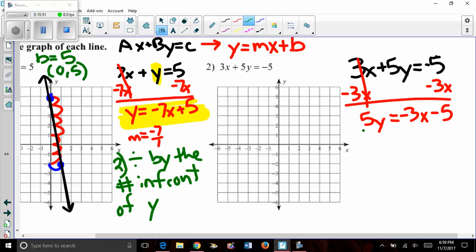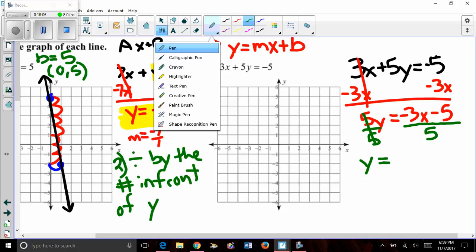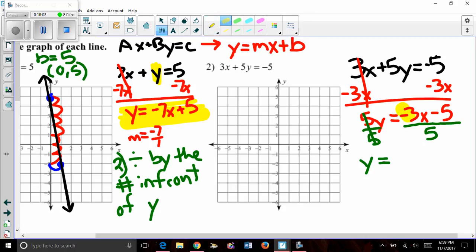Next, let's divide by 5. And now, the way you saw it today, they wrote the whole thing divided by 5. But I want you to be careful. That does mean that I have to divide not only negative 3x by 5, but also negative 5 by 5.